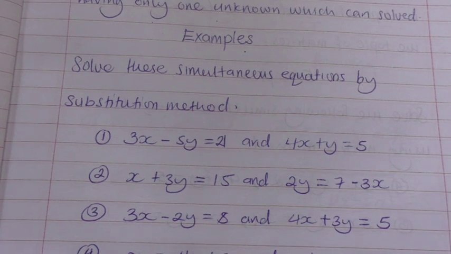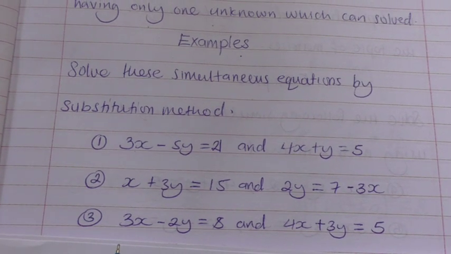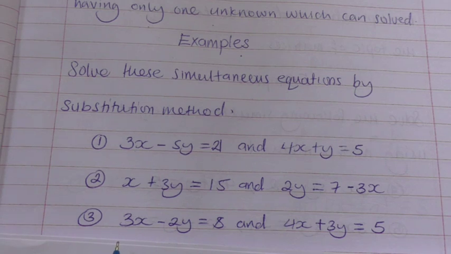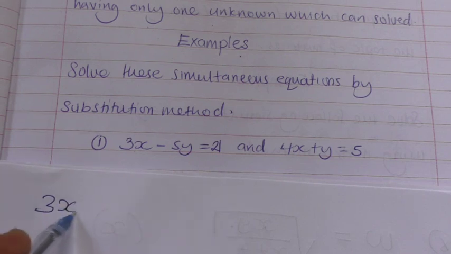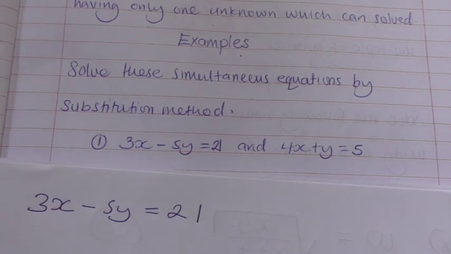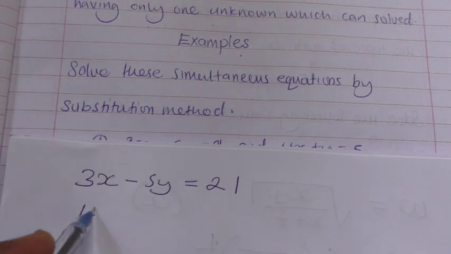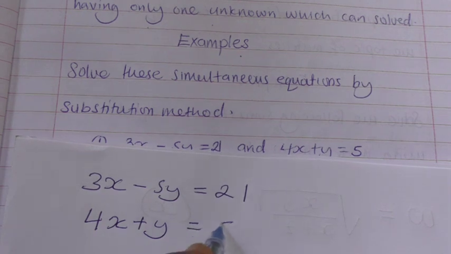Let's see how we solve these two equations using the substitution method. The equations are 3x minus 5y equals 21, and 4x plus y equals 5.